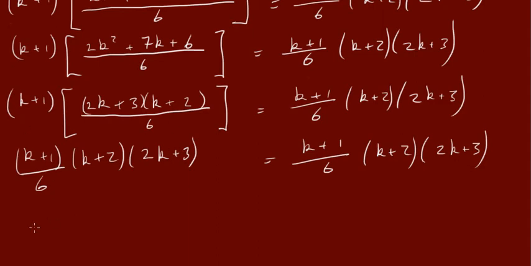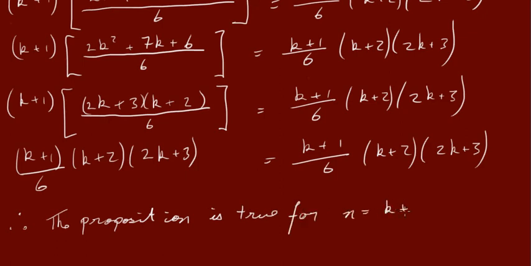So what I can write then is, therefore, the proposition is true for n is equal to k plus 1, given that it is true for n is equal to k.